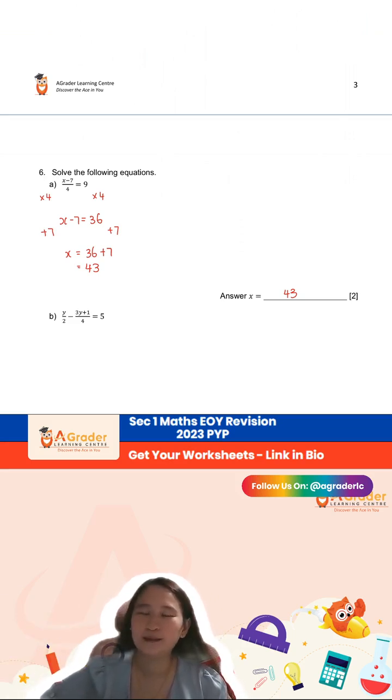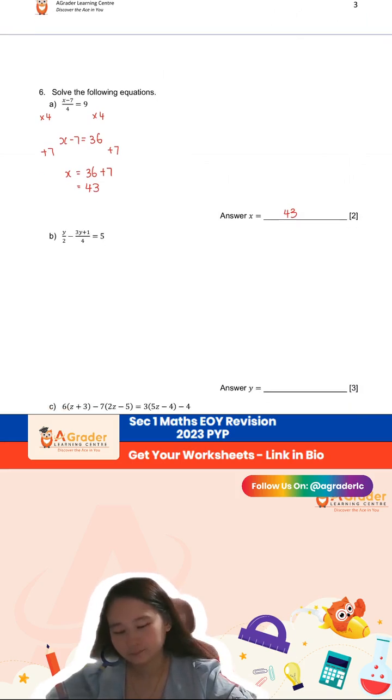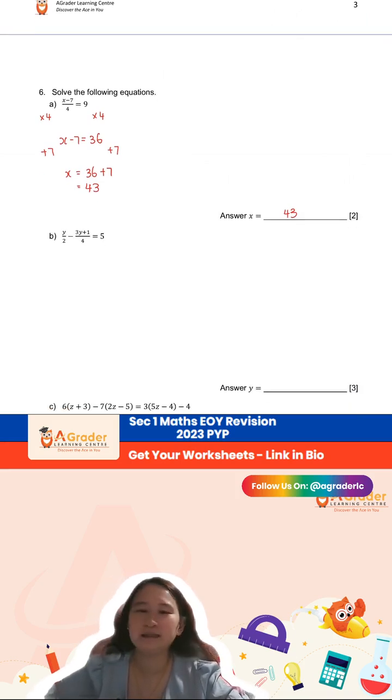How about part B? Yeah, good, Jaden. Okay, for part B, you can see that there's the denominator also.